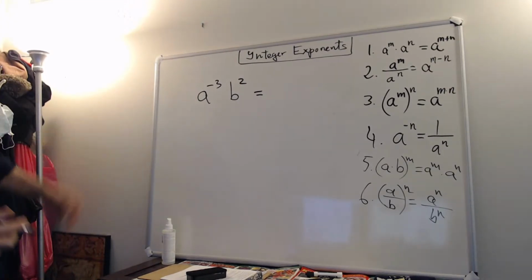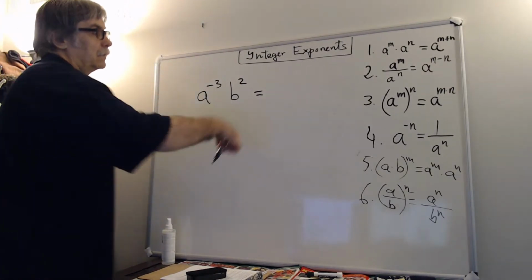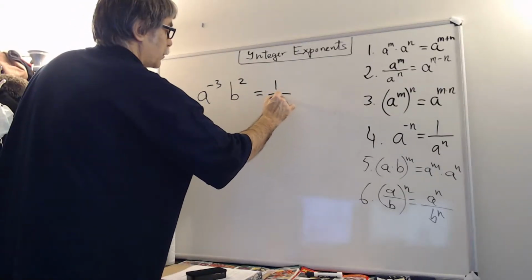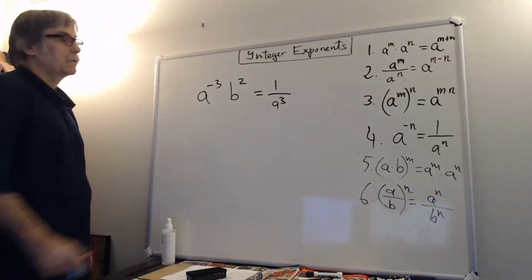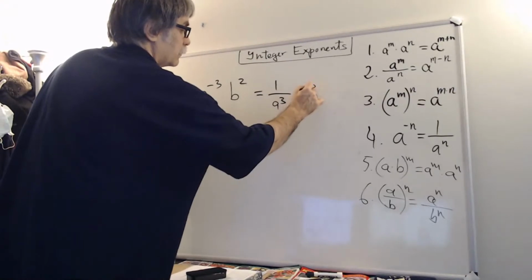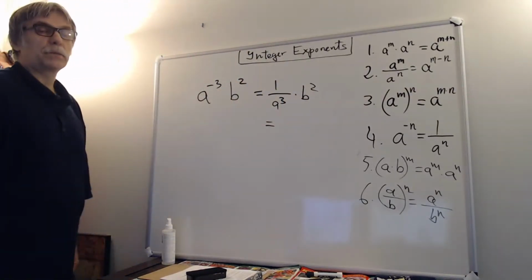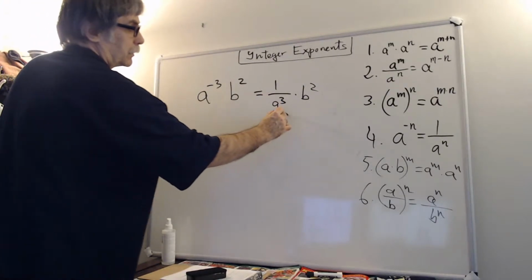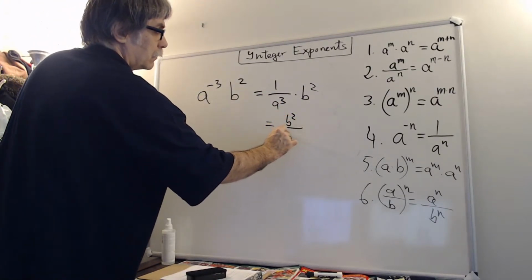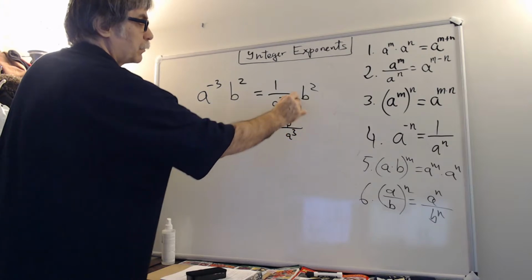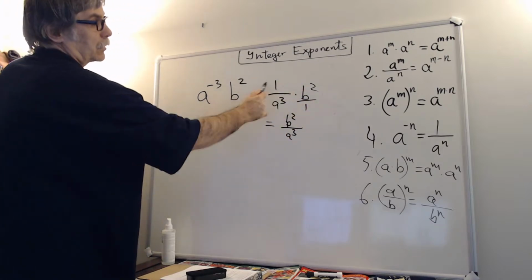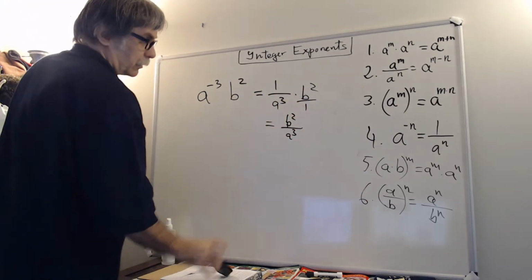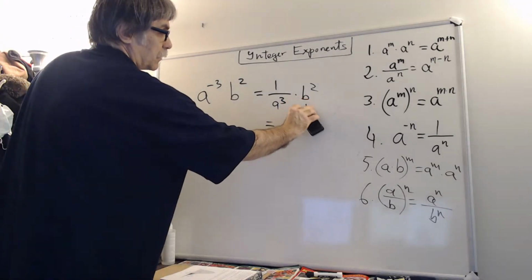Okay, so this is what you have to do. Negative exponent is here. So you have 1 over a with the power cube. Now it's positive, times b squared. And now it's easy to multiply that, because when you multiply a fraction with a number, the number goes on top, but that's it. Some people like to write it like this, and then you multiply the top, you multiply the bottom. That's not needed, but it's the same idea.